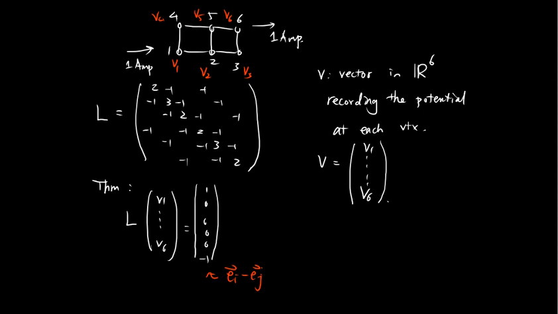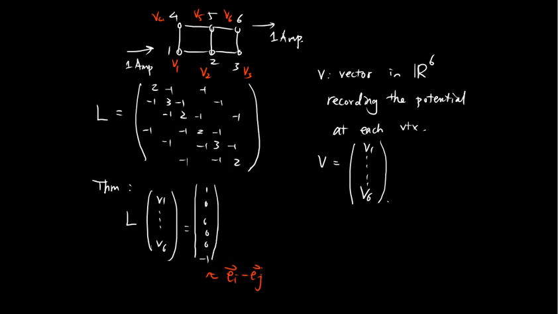It means that if you set this inside, we have 1 here and then minus 1 here. It indicates how much current you want to input to this circuit and how much current is going out. The Laplacian provides an important tool that transforms the potential into the current outside. It is a bit technical, so I don't want to describe all the details, but basically it is transforming V1 to V6 to something like here.